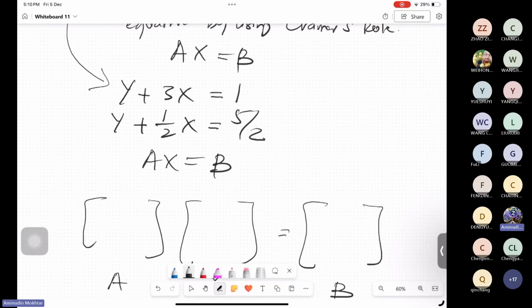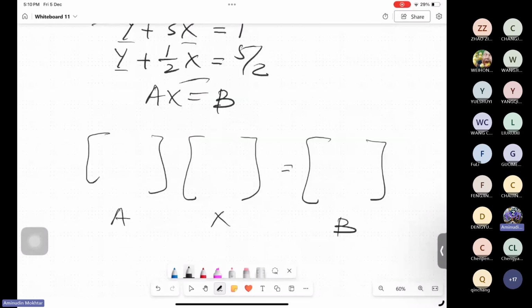We have two equations here, so we have two rows, and the number of columns in A refers to the number of variables. We only have two variables here, y and x. So A equals 2 times 2. B is a vector.